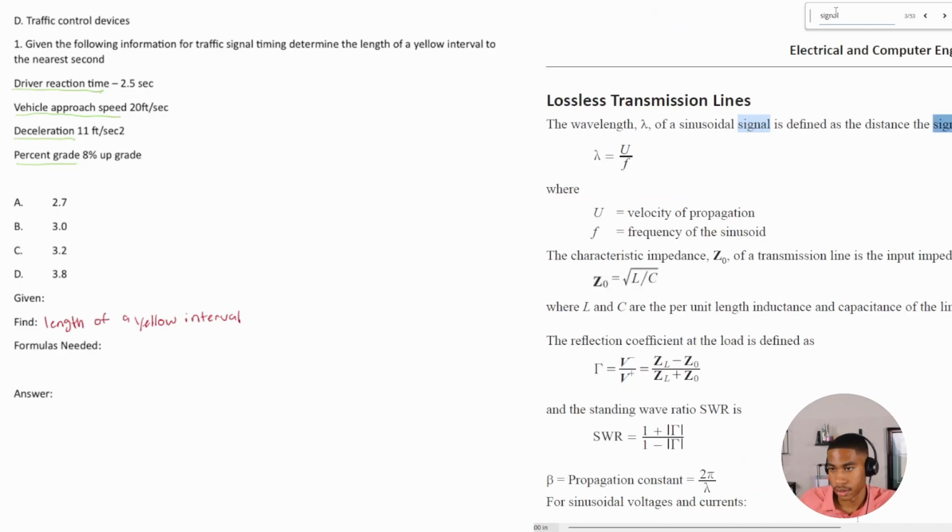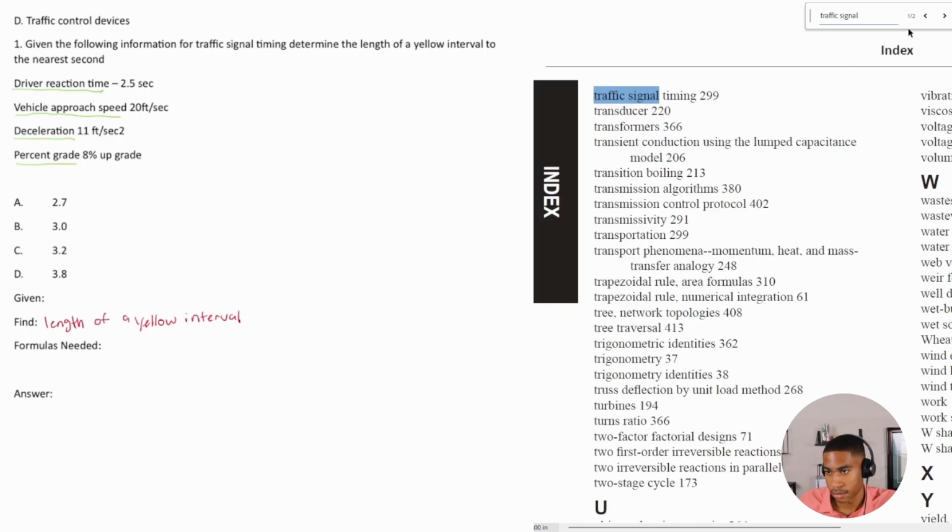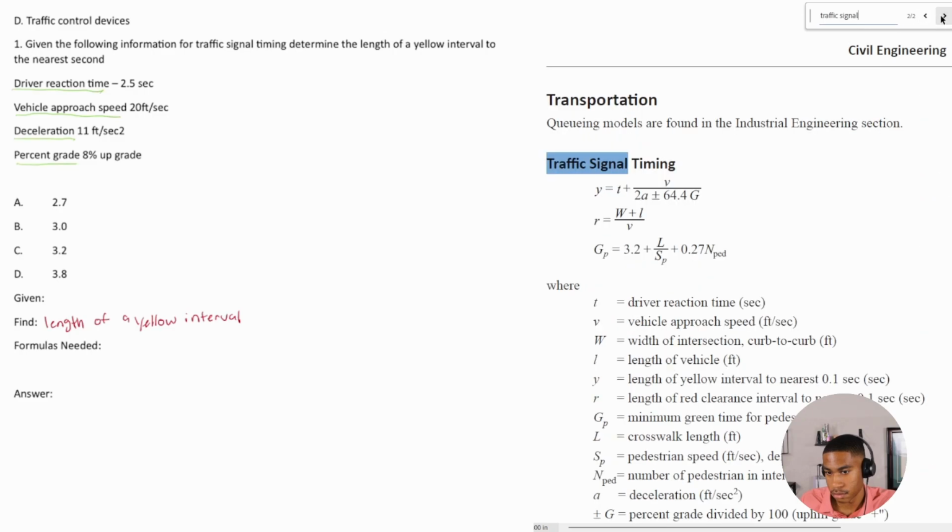All right, 53 things come up. So I'll do traffic signal. All right, only 2 things come up. Cool. Traffic signal timing. Do we see anything for length of yellow interval?